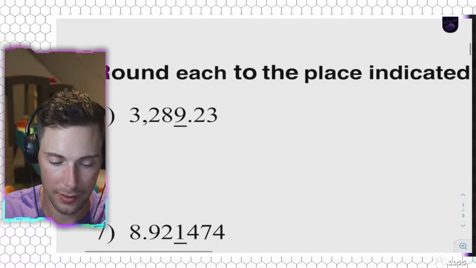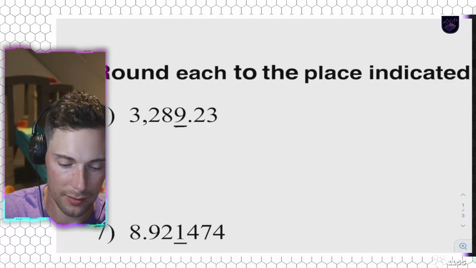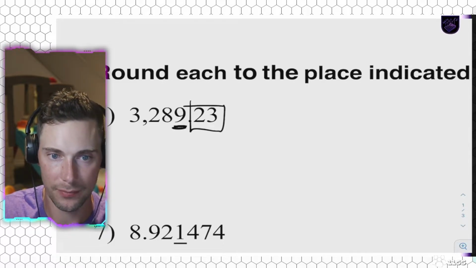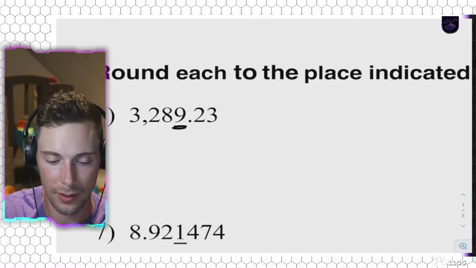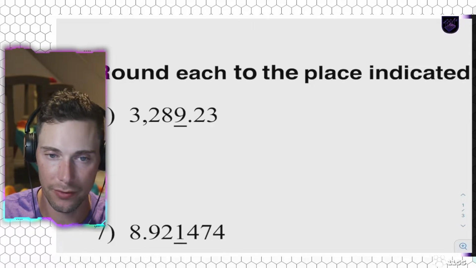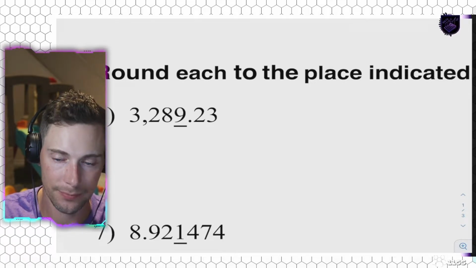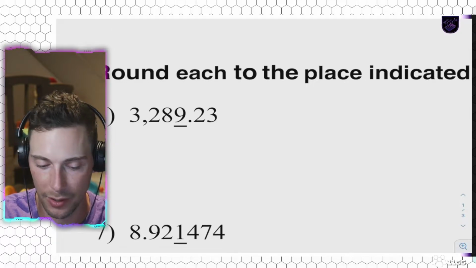Now, rounding is trying to get rid of every number following the place indicated. Really simply, if it's 5, you round up. If it's lower than 5, you round down. I'm not going to go into any more than that.